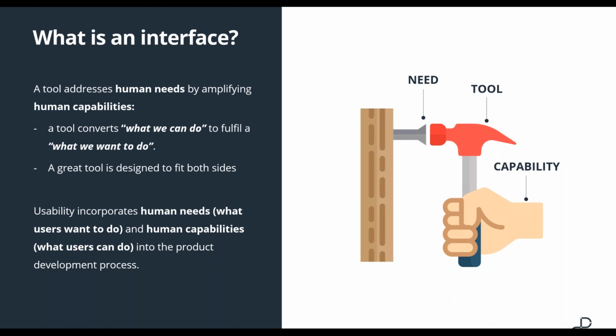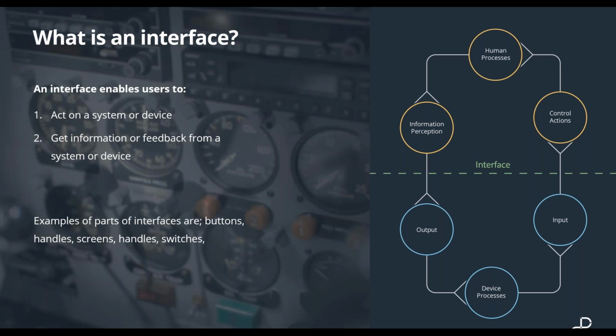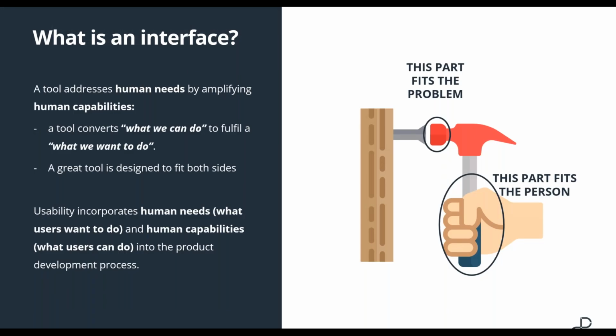A great tool is designed to fit both sides, the capability of people and their desire to fill a need. One side needs to fit the problem, another one fits the person. And usability as a process incorporates these human needs and these human capabilities into the product development process.